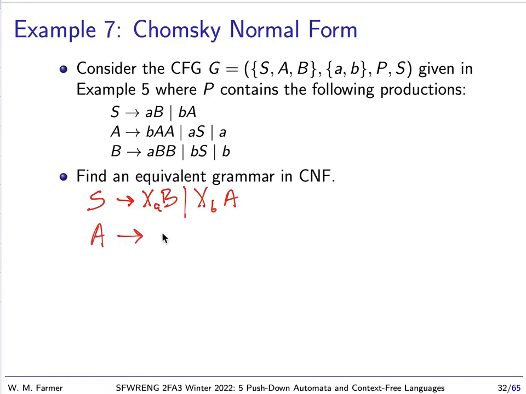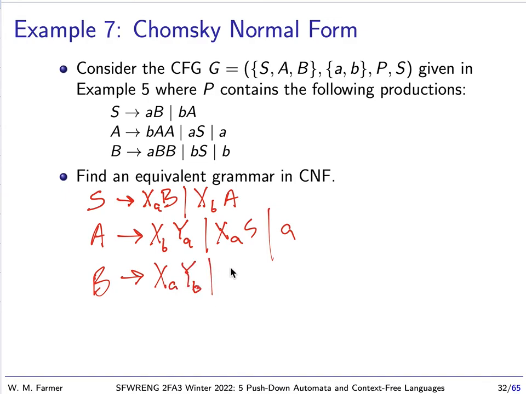And I'm going to have A go to X sub B. And instead of AA here, I'm going to replace that with Y sub A, and this will go to X sub A S, and that goes to A. All of those have the right form for Chomsky normal form. Similarly for B. This is B.